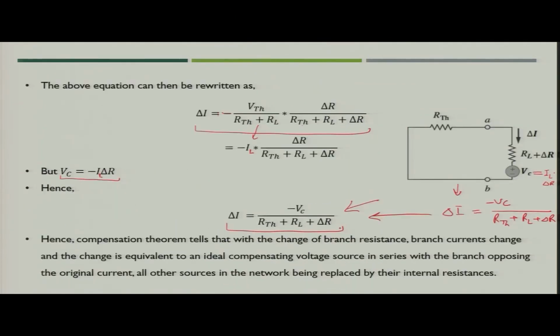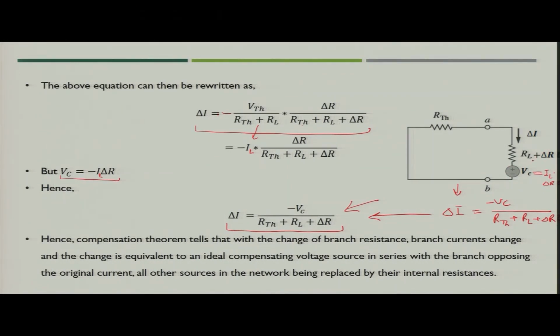So, this justifies that when you follow the compensation theorem, you can directly place the voltage source in series with the resistance where the change in resistance happened.